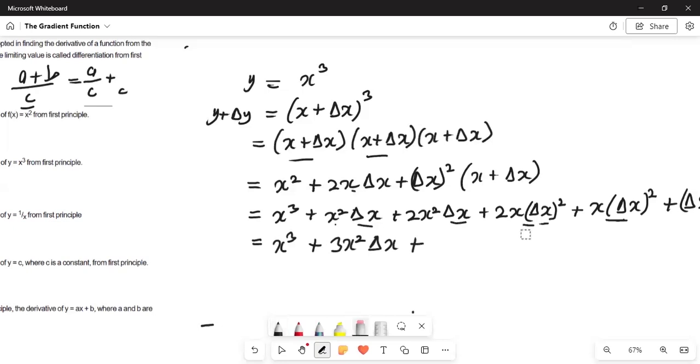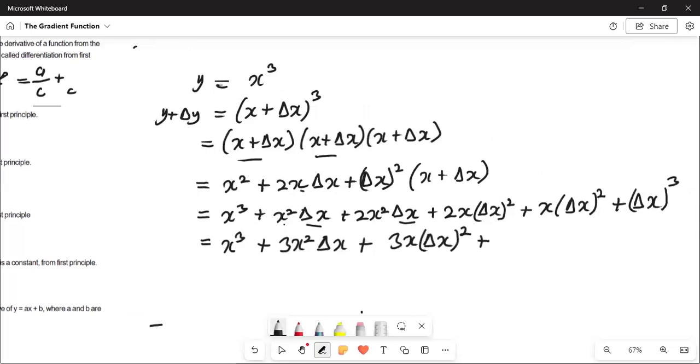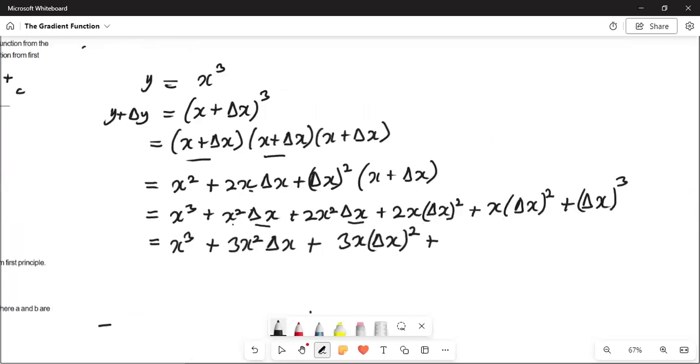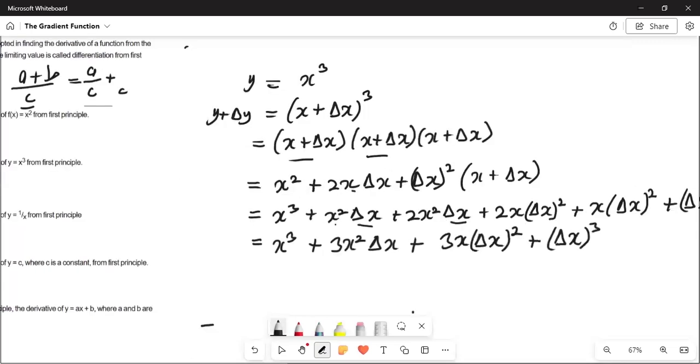And 2x plus x is 3x, so that is 3x delta x squared, and plus the last one, which is delta x cubed. Okay, so that is y plus delta y, that gives us this expansion now.